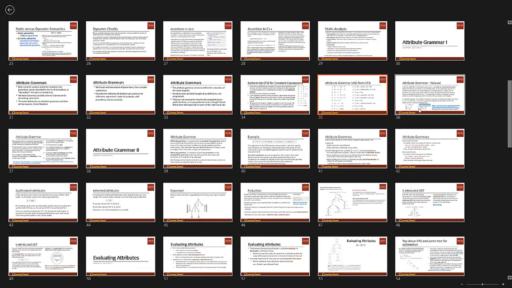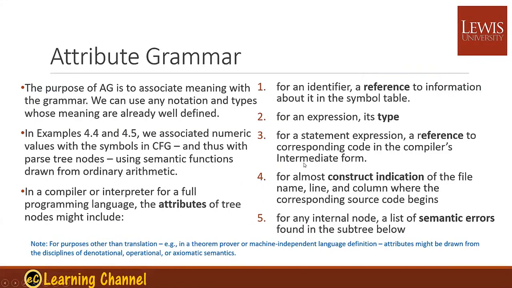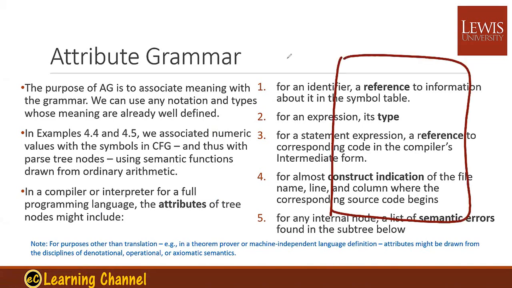Okay. Sorry. So here actually is a guideline, and then for ID, there's a reference to the symbol table. When you do tokenization, you create a symbol table with X and whatever value or Y, whatever type. You have a tree here, right?